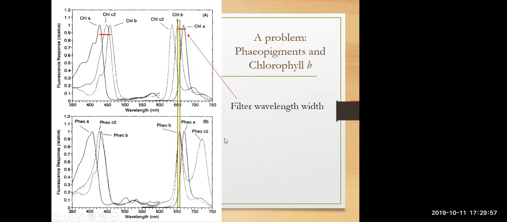That means that the wavelength width of the filter is a problem when our sample contains not only chlorophyll A, but also chlorophyll B and other pigments.